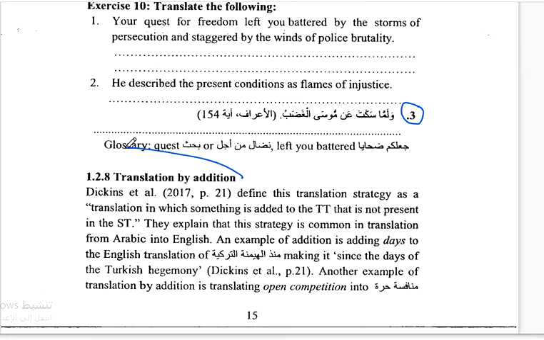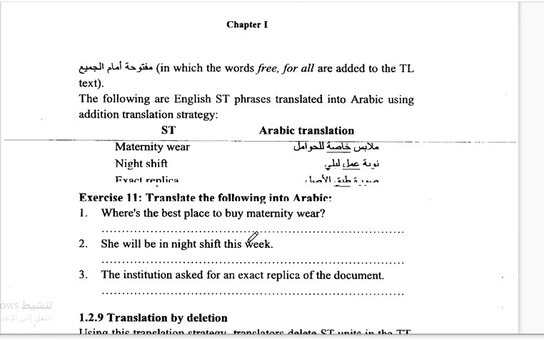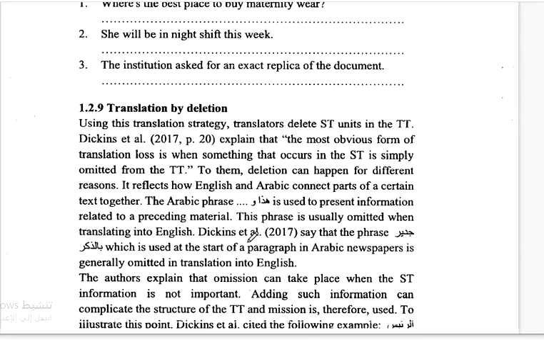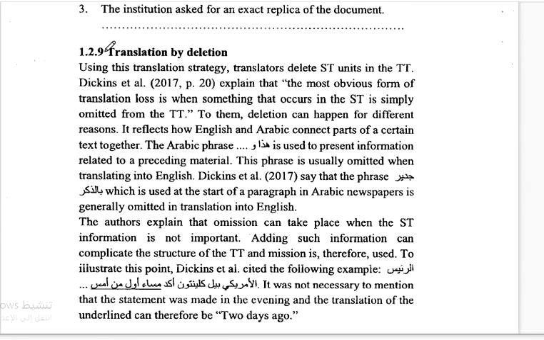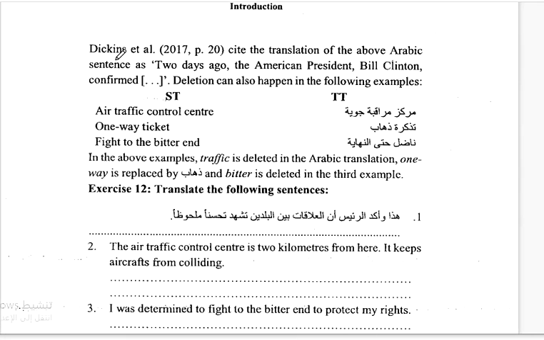Also, we talked about translation by addition. And we mentioned some examples. Here are more examples. Also, we talked about translation by deletion. For example, Air Traffic Control Center, مركز مراقبة جوية.